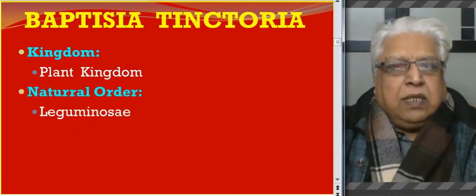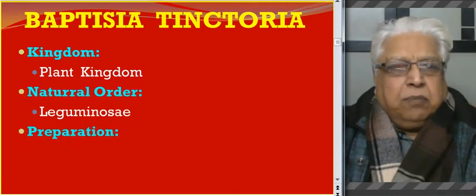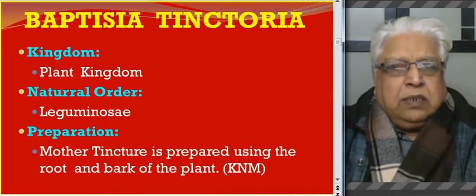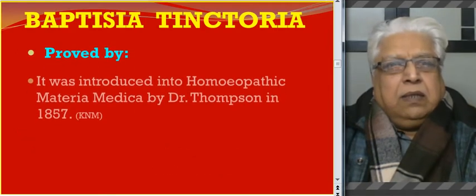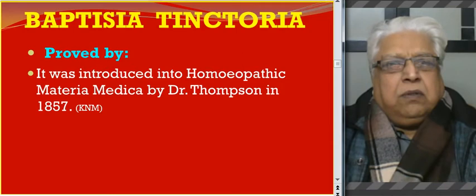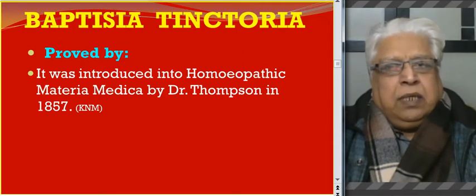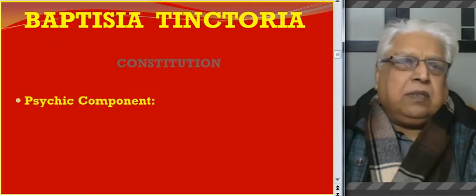Natural order is Leguminaceae. Preparation: the mother tincture is prepared using the root and bark of the plant. This remedy was introduced to homeopathic materia medica by Thomson in 1857.